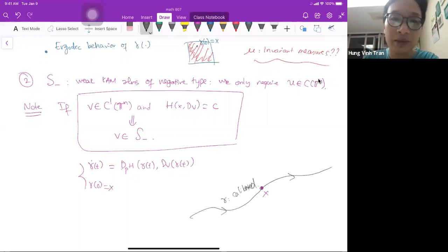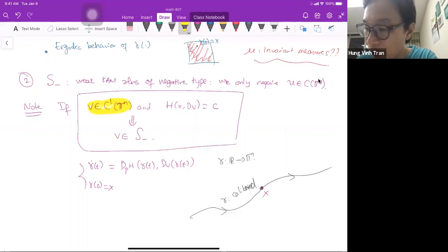So you automatically have a curve from R to T^n that satisfies this property and is calibrated. That means that if you have a C1 solution, then it is a weak KM solution of negative type.